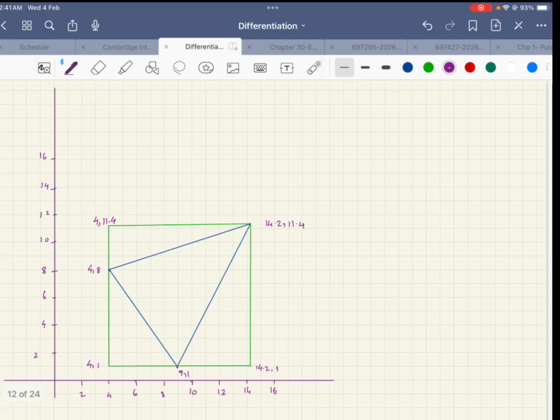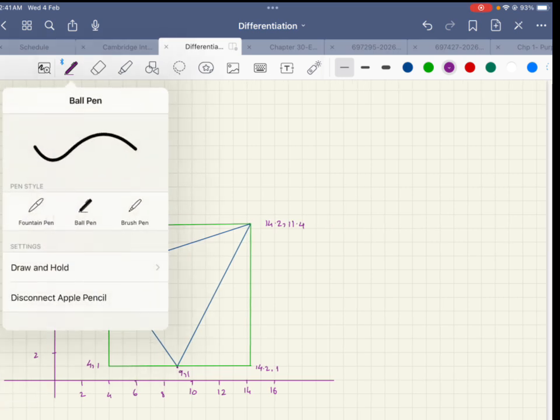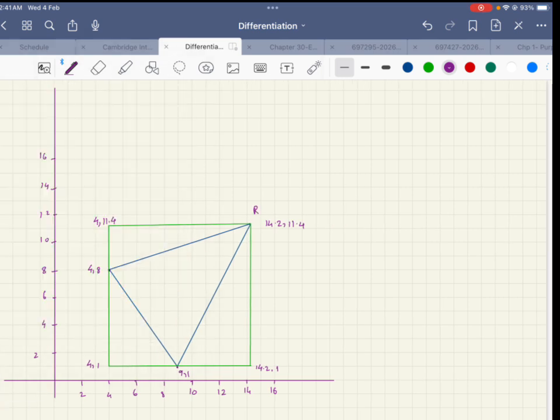So this is the triangle, and this is point R, 4, 8 is point P, and this is point Q, 9, 1. Now I have joined all the corners to form a triangle, and finding the area of this triangle is not easy because we don't have the angles. Also, this is not an isosceles triangle, this is not an equilateral triangle.